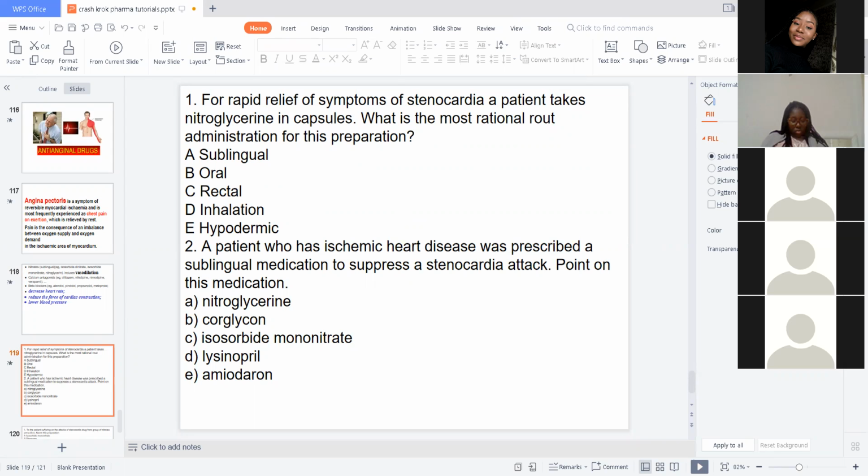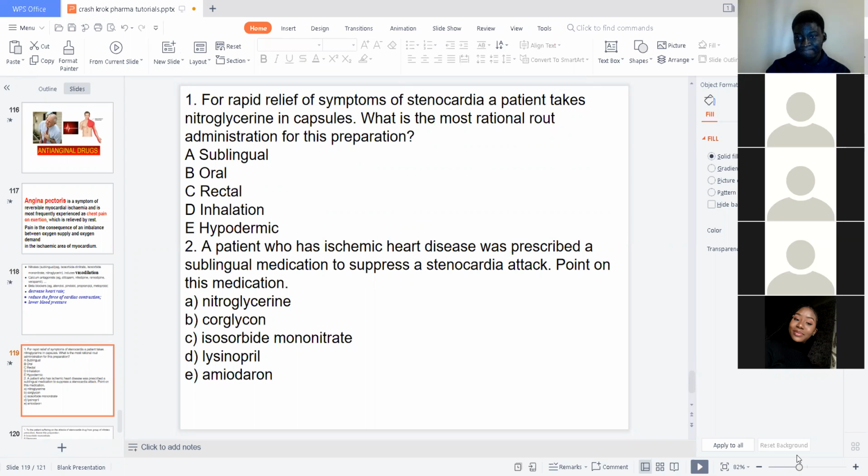For rapid relief of symptoms of stenocardia, a patient takes nitroglycerin in capsules. What is the most rational route of administration for this preparation? Sublingual. Correct. Dauda, next question. A patient who has ischemic heart disease was prescribed a sublingual medication, nitroglycerin. Correct.